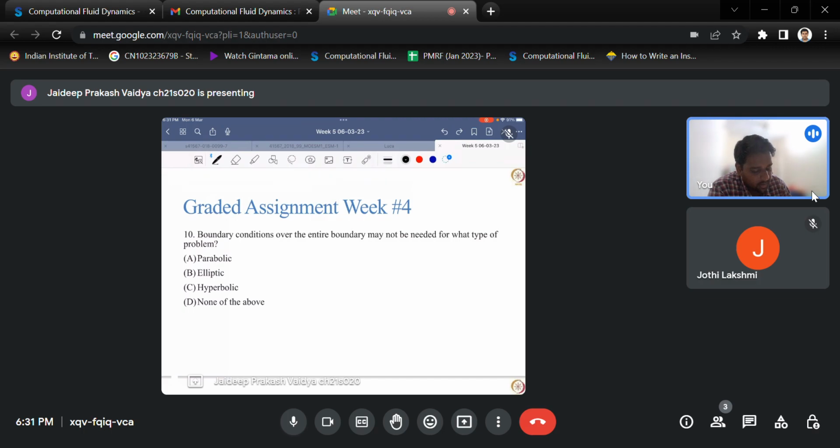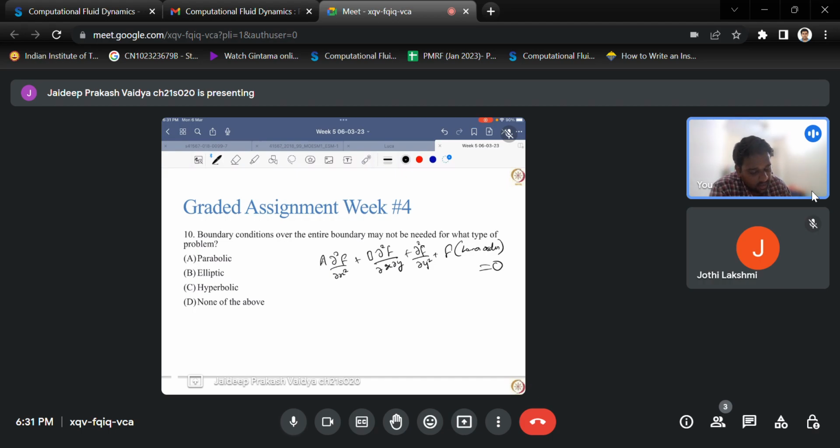Let me assume that I am writing a partial differential equation as a ∂²f/∂x² plus b ∂²f/∂x∂y plus c ∂²f/∂y² plus a function of lower order terms equal to 0.